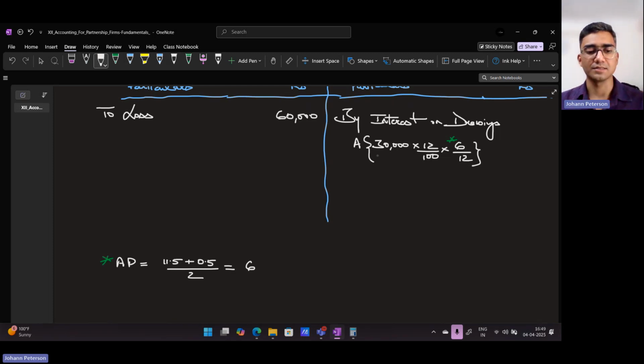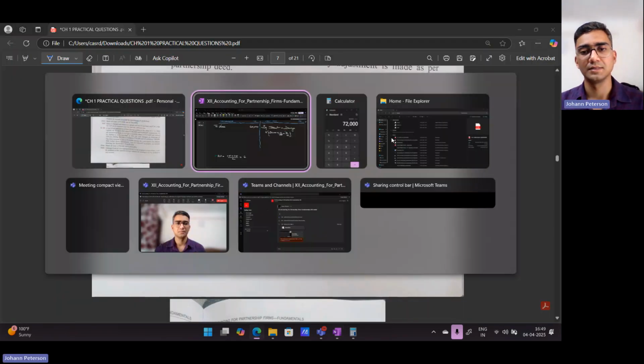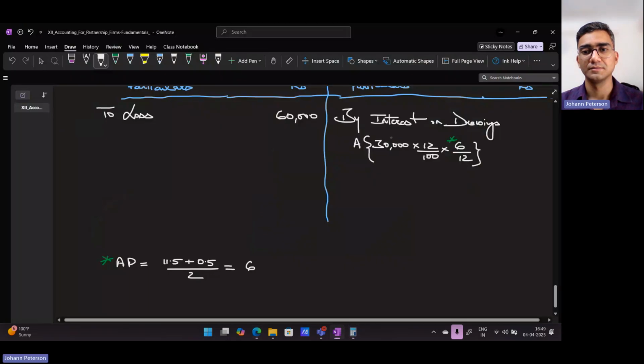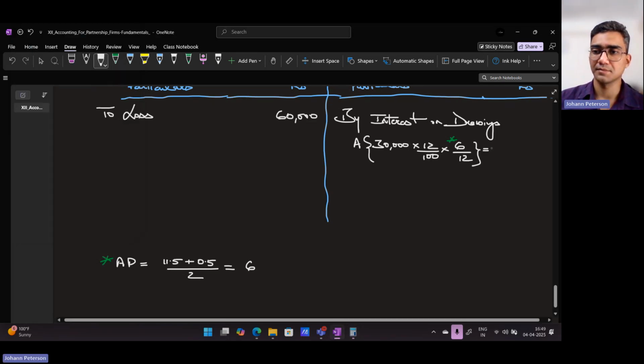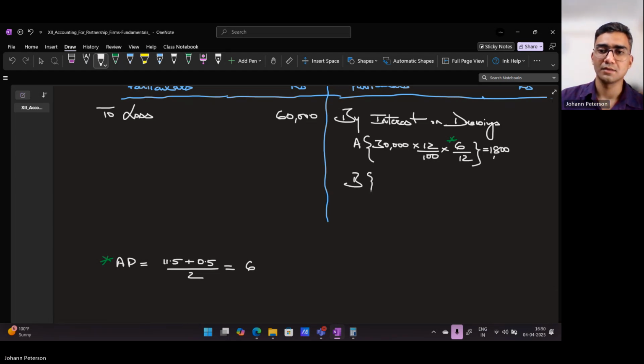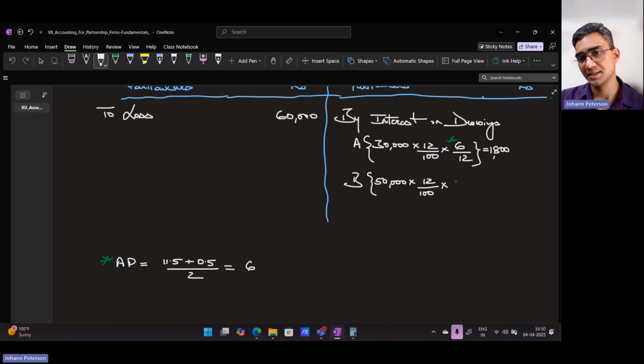Then what is the answer for this? So 30,000 into 12 into 6 divided by 1200 gives us 1800. For B, it is 50,000 into 12 upon 100 into, again, average period is 6 upon 12.